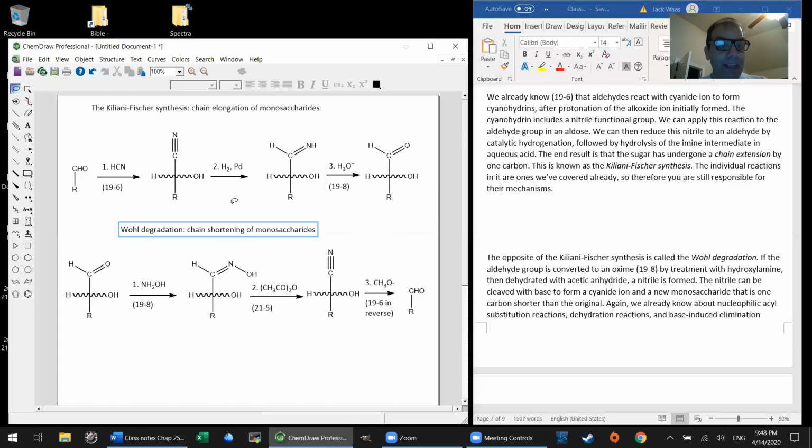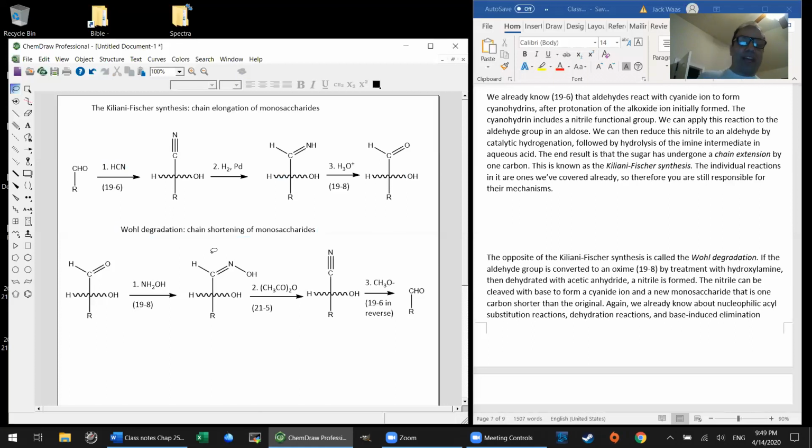And incidentally, the formation of cyanohydrins is also reversible. You can drive the equilibrium one way or the other depending upon the nature of the reagents that you use and what's in the reaction mixture. But that's very clever, using 3 very simple reactions that we have already talked about and already know all there is to know about. We can convert a sugar to another sugar 1 carbon longer.